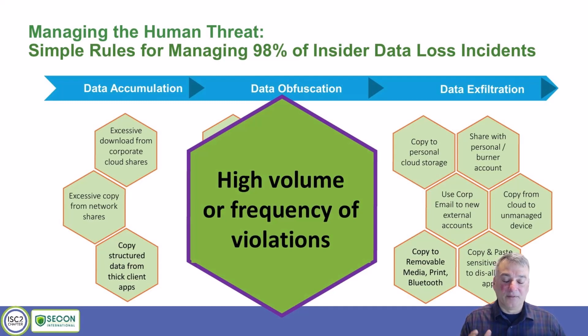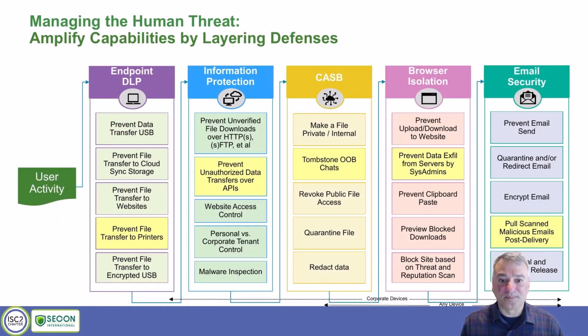Think about it: a user may try to copy data to their personal share, and that fails, so they try to copy to USB, and that fails, and they try to zip it up and change the file extension, and that fails. So they may be triggering each of these violations just once, but together they create a good background of what an insider threat is.